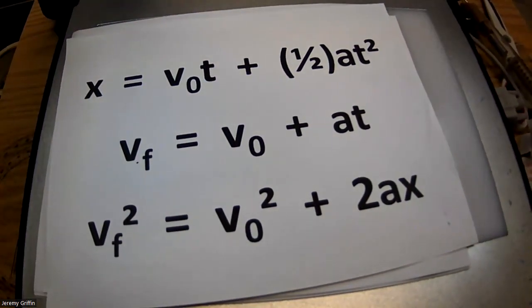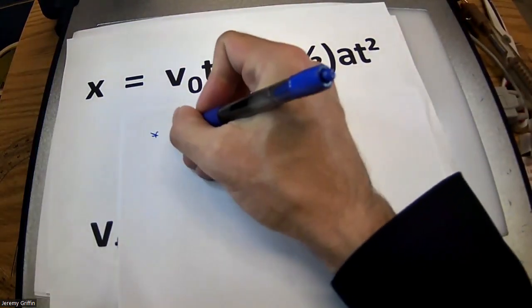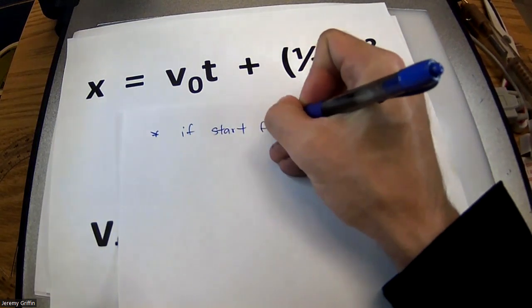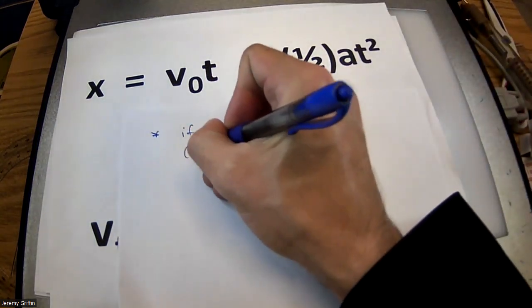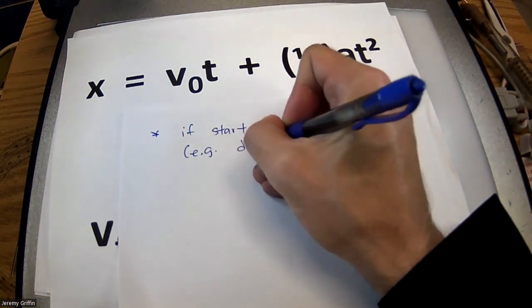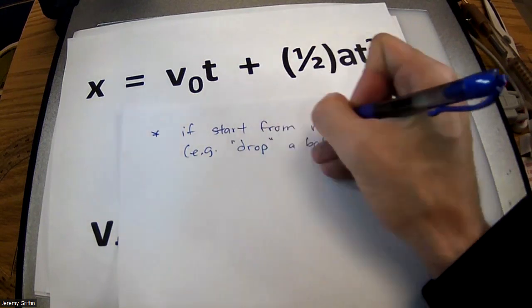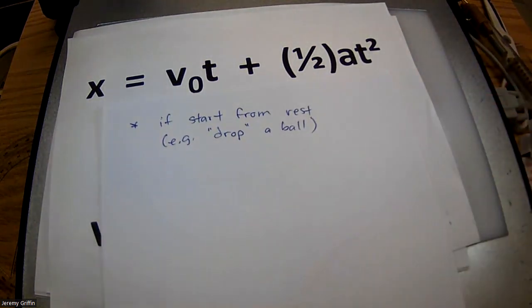So another way to simplify these formulas is if you start from rest, for example, drop a ball. Whenever you see that word drop, that is one version of starting from rest, isn't it? Start a car from rest, drop a ball. What does that mean in physics?